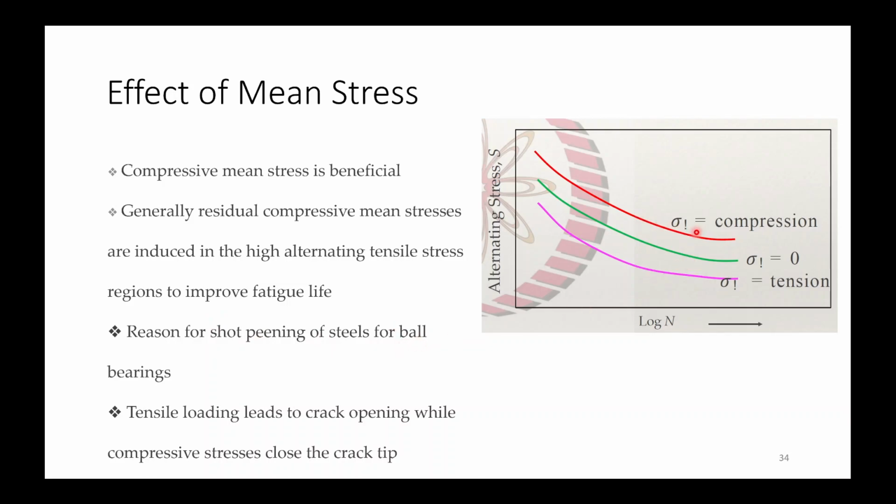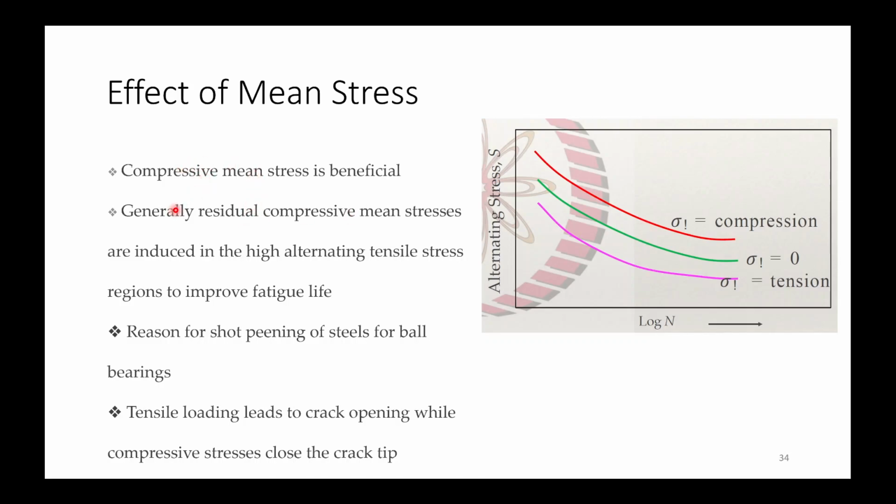And here, as we can see, when the mean stress is negative, or equal to 0, or positive, then there are different types of trend. For compressive mean stress, we are seeing that it has highest fatigue strength.